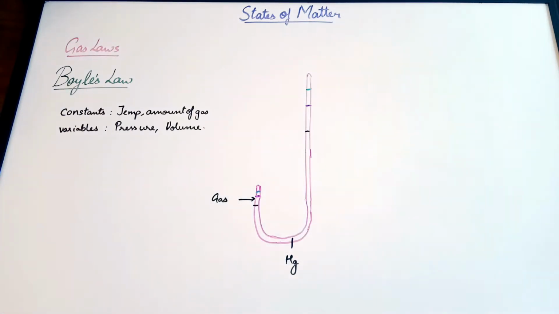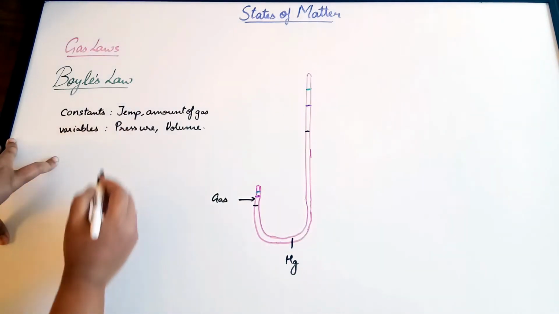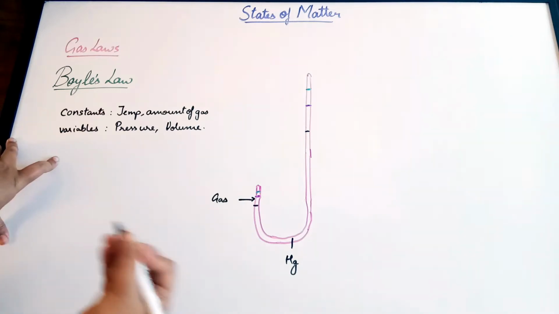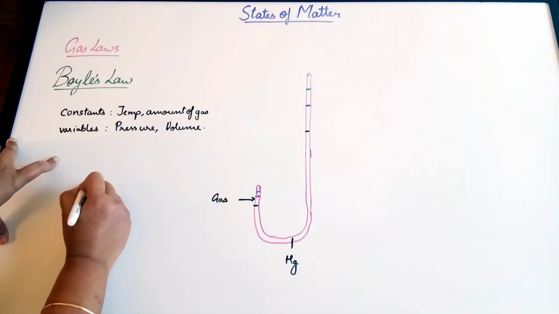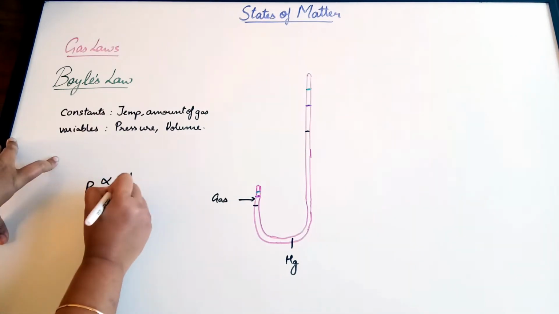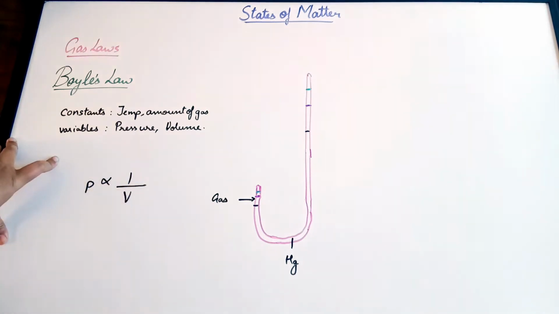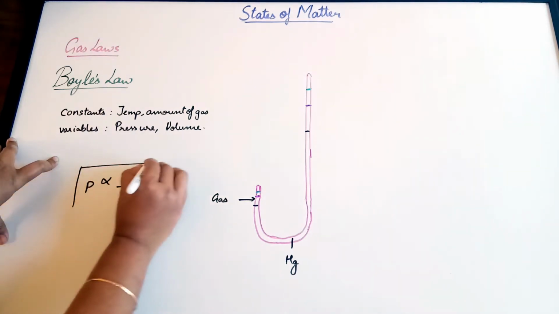Boyle's law states that at constant temperature, the pressure of a fixed amount of gas varies inversely with its volume. So at a constant temperature and a fixed amount of gas, pressure varies inversely with volume. This is Boyle's law.